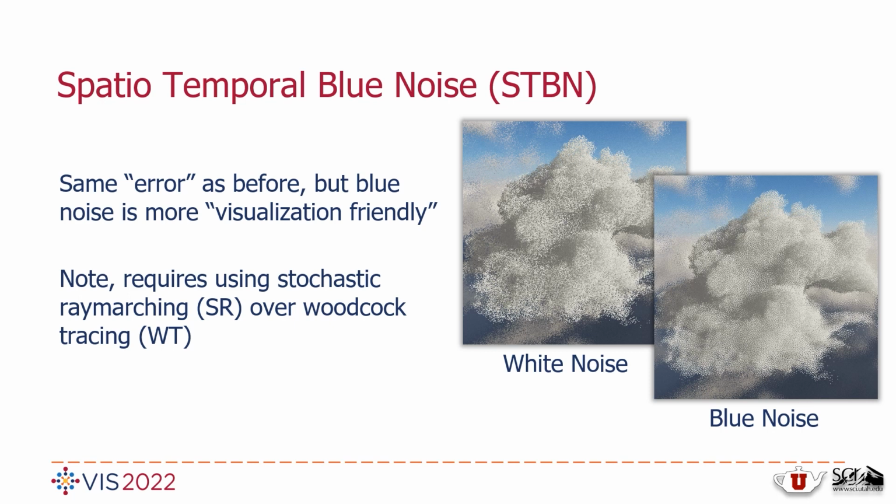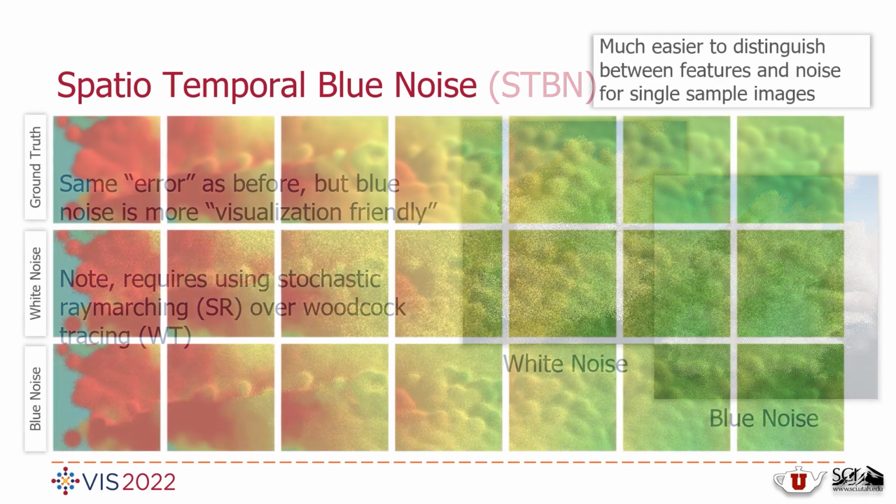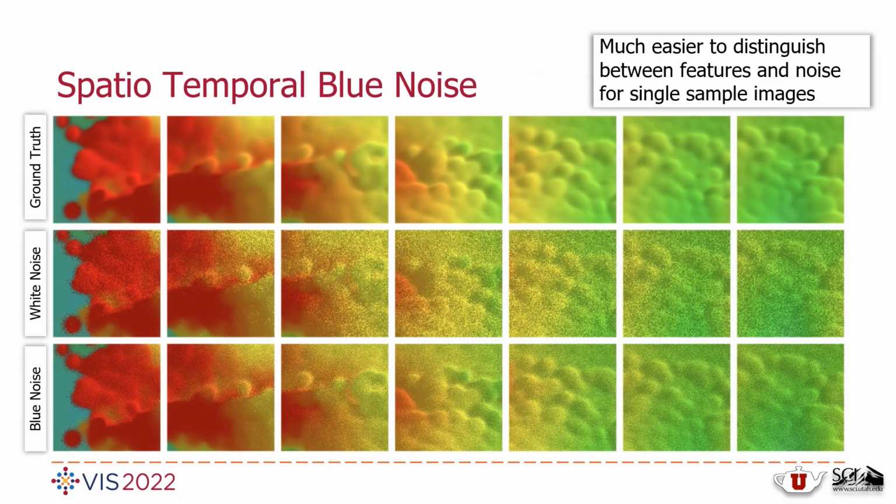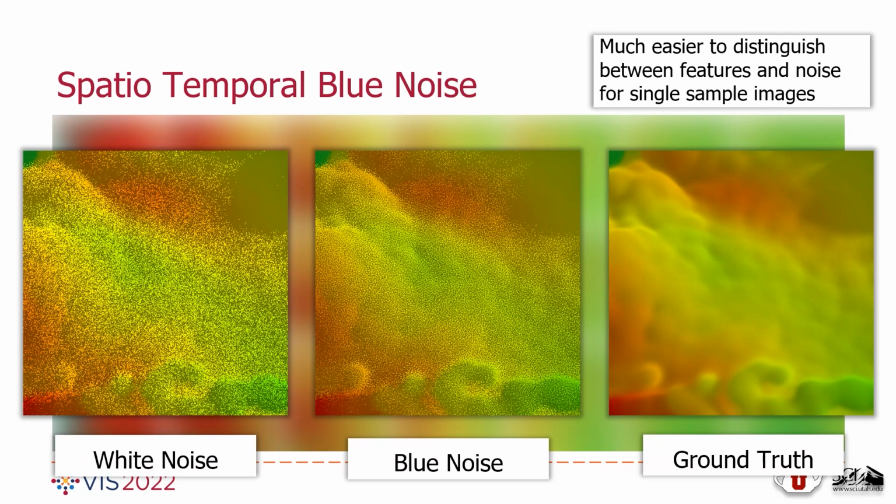Note that using blue noise requires using stochastic ray marching over woodcock tracking in order to maintain a correlation between the input random numbers and the output random luminance values. With spatiotemporal blue noise, it's much easier to distinguish between features and noise for single sample per pixel images, greatly improving understanding during time series exploration.